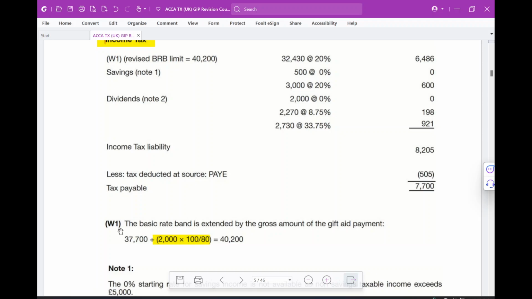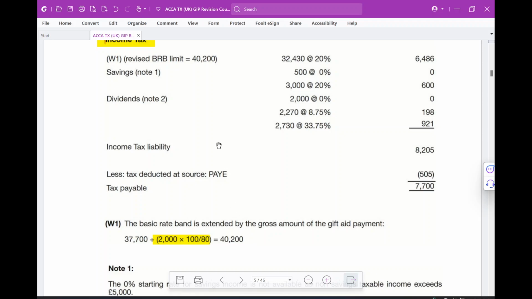Because if the basic rate band is increasing from the normal band with 2,500 on top to the new band, this means that more of Kate's income is being taxed at 20% as opposed to a higher rate. That is a benefit. This is good news for Kate. She's having more income taxed at 20, as opposed to a higher rate, let's say 40.